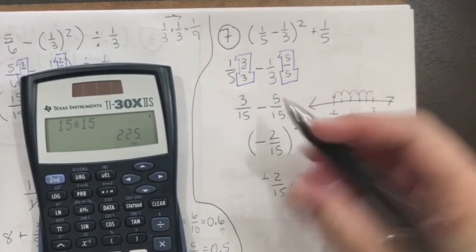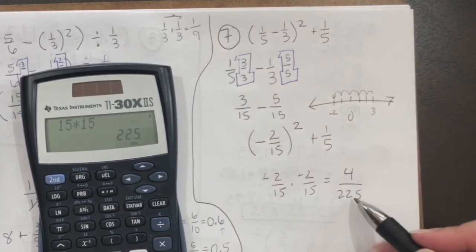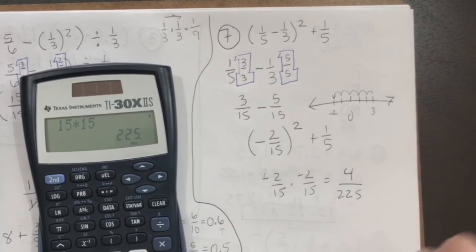So this negative 2/15 squared became 4/225. And now we still need to add that 1/5.